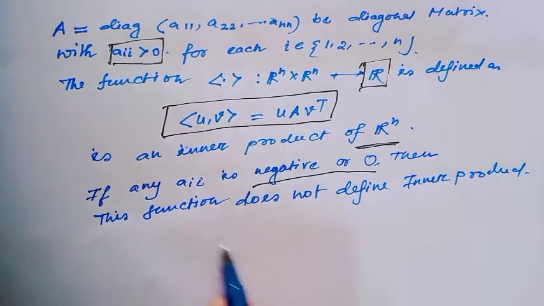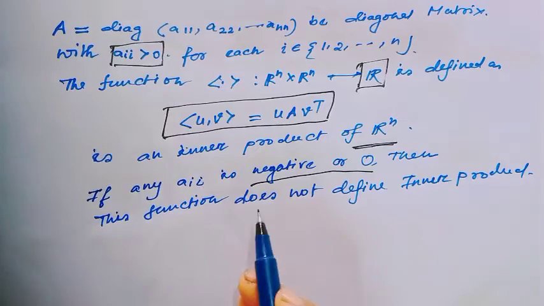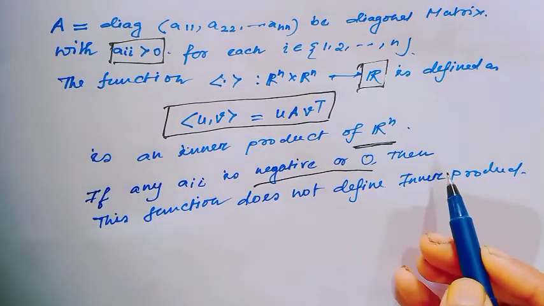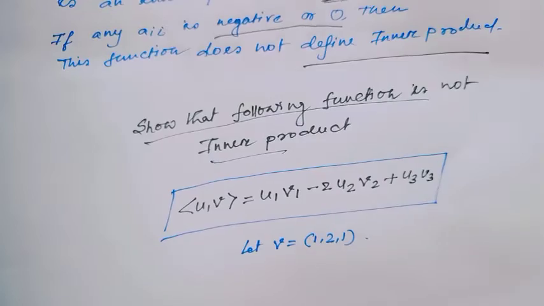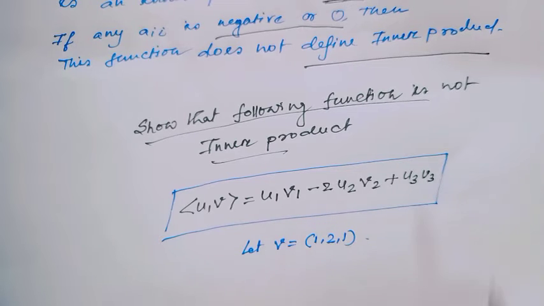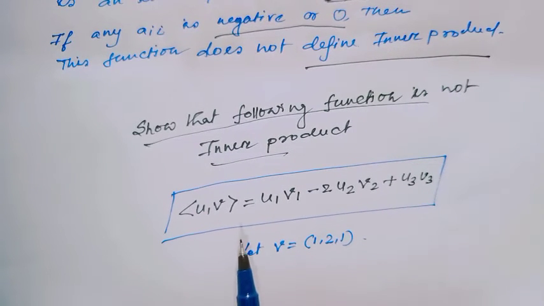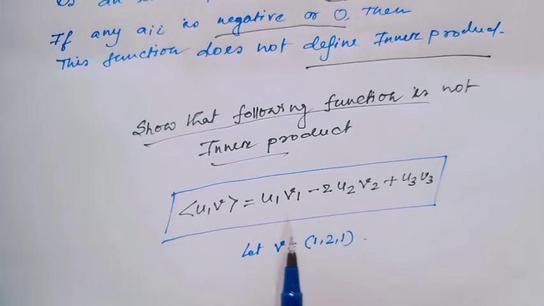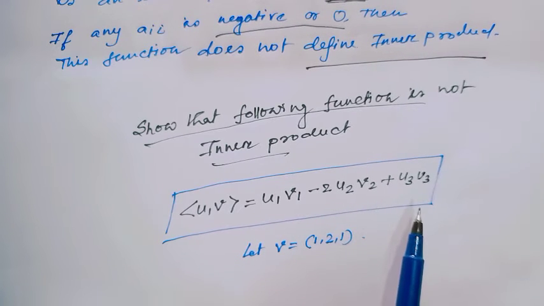But if any aii, meaning any diagonal entry, is negative or 0, then the function does not define an inner product. As an example, show that the following function is not an inner product: inner product U with V equal to U1V1 minus 2U2V2 plus U3V3.